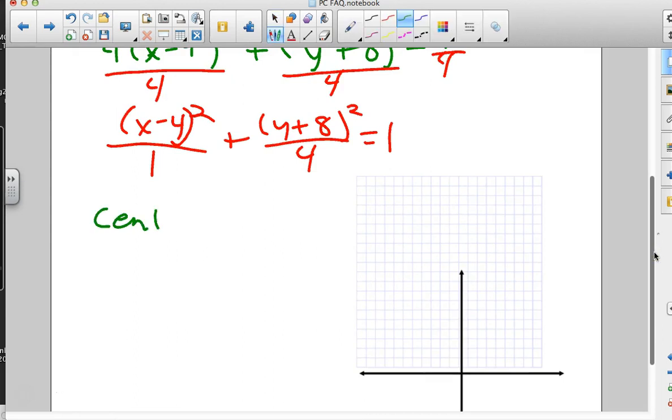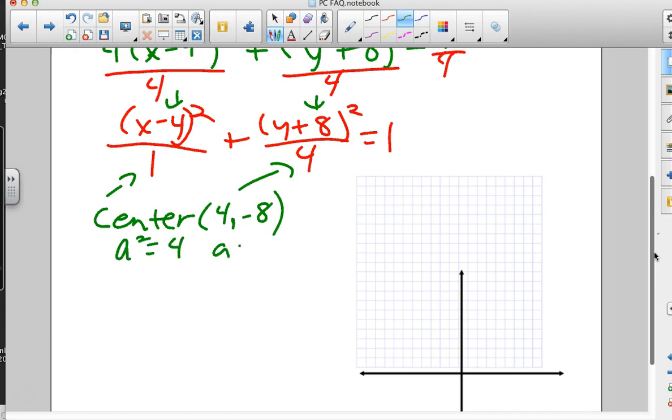So our center is at h, k, which is going to be 4, -8. So there's our new center. And the larger of the two numbers, remember this is an ellipse thing only, the larger of our divisors here is always a. So a squared equals 4, which means a is 2. And because it is under the y position, that means this is vertical.